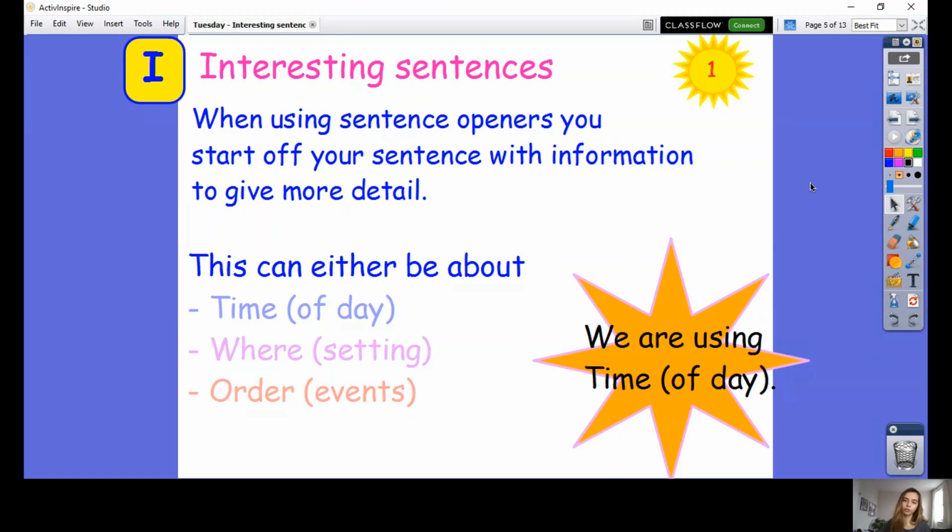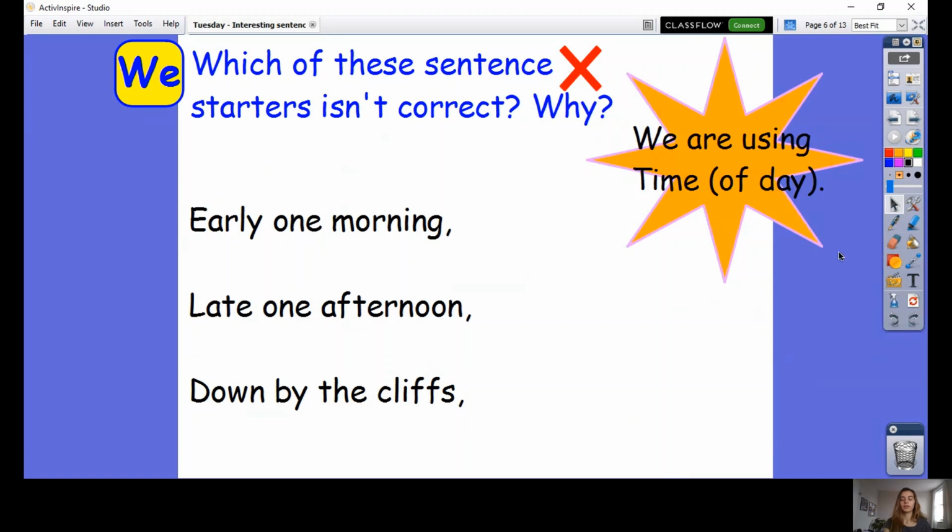And now the order of events, that's what we looked at in our last text. You could have first, meanwhile, after that, to help you order the events. But today we are focusing on using the time of the day. So our sentence starters will be about the time of the day that it happened. So let's have a look.